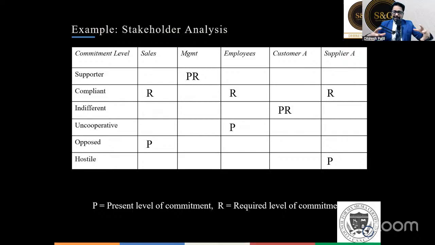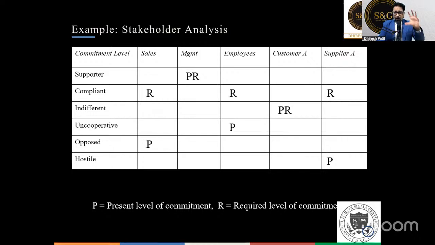And then we make a team out of it. Now, this team should function properly, no? To function this team properly, we need to gauge their commitment level. Now how do we gauge the commitment level of somebody? This is a very difficult task. That's why the stakeholder analysis has been crafted.